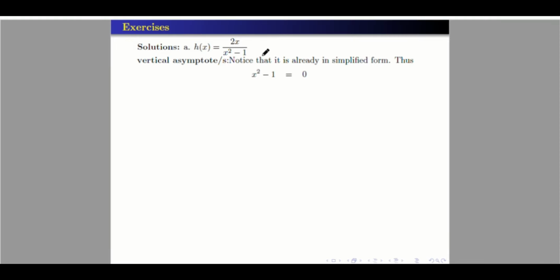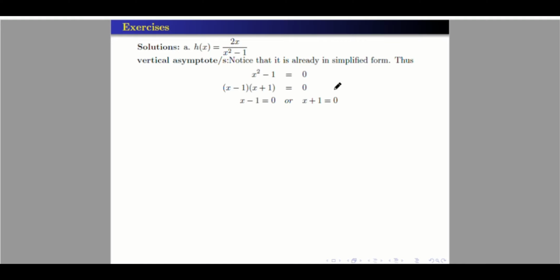Let's simplify. We cannot simplify this one since we cannot cancel anything. This is 2x over (x plus 1) times (x minus 1), because x squared minus 1 is equal to (x plus 1)(x minus 1). Take note, we cannot cancel anything, so it is already in simplified form. Thus, to find the vertical asymptote, we just need to equate the denominator to 0.